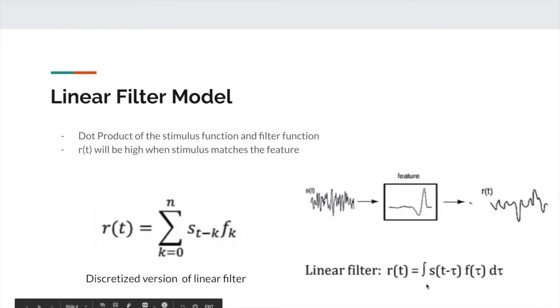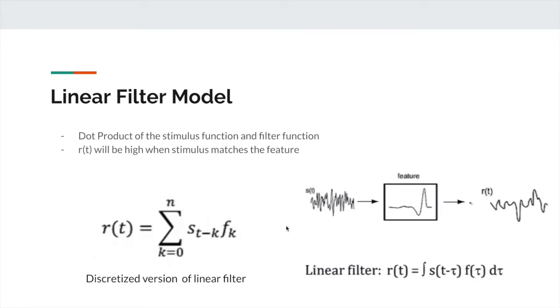This is the theoretical approximation of this, but essentially what this is saying is here S of t minus k is a stimulus value, and f of k is a certain value of this feature here. And basically what we do is, given some t, we're trying to calculate the neural response at some time.